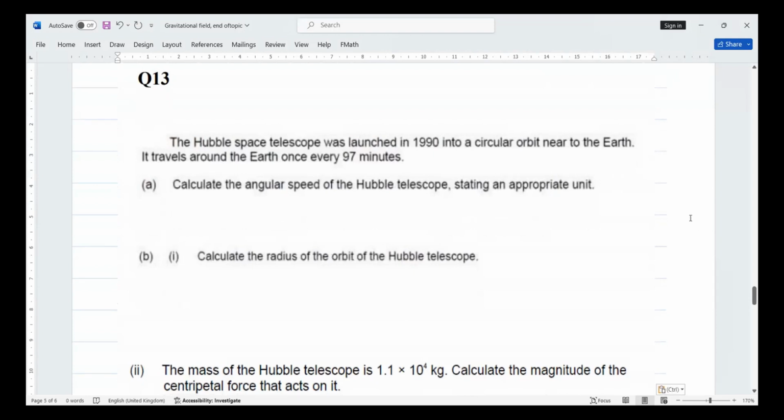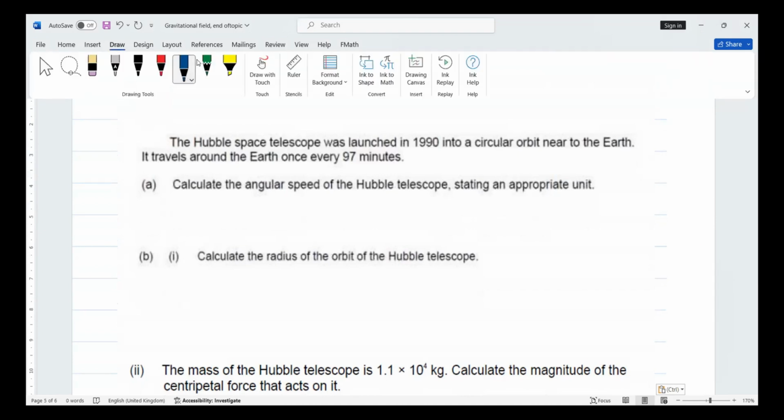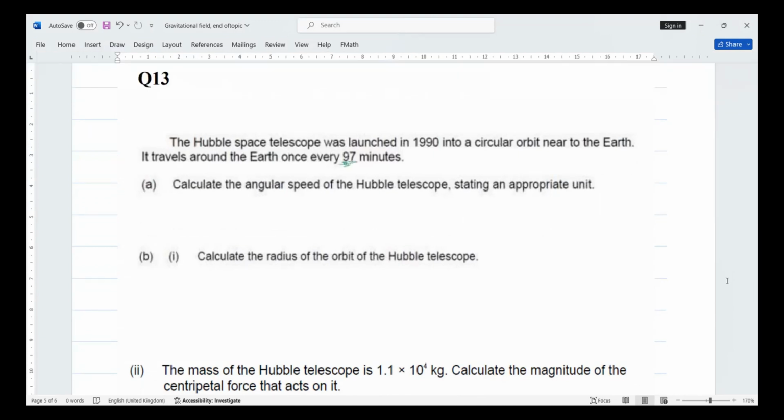A telescope was launched into circular orbit near to the Earth. It travels around the Earth once every 97 minutes. So this is the time period. The given here is the time of one revolution, the time period T equals 97 minutes.